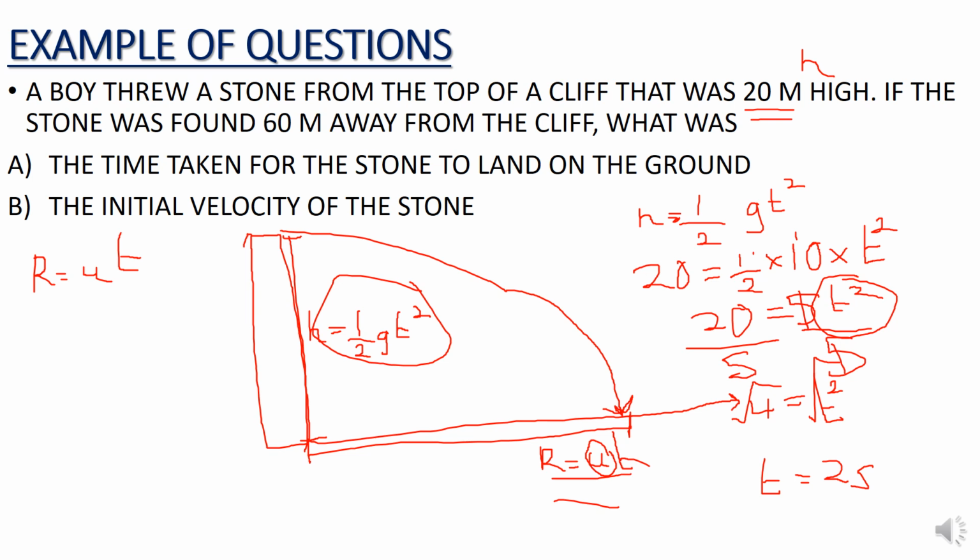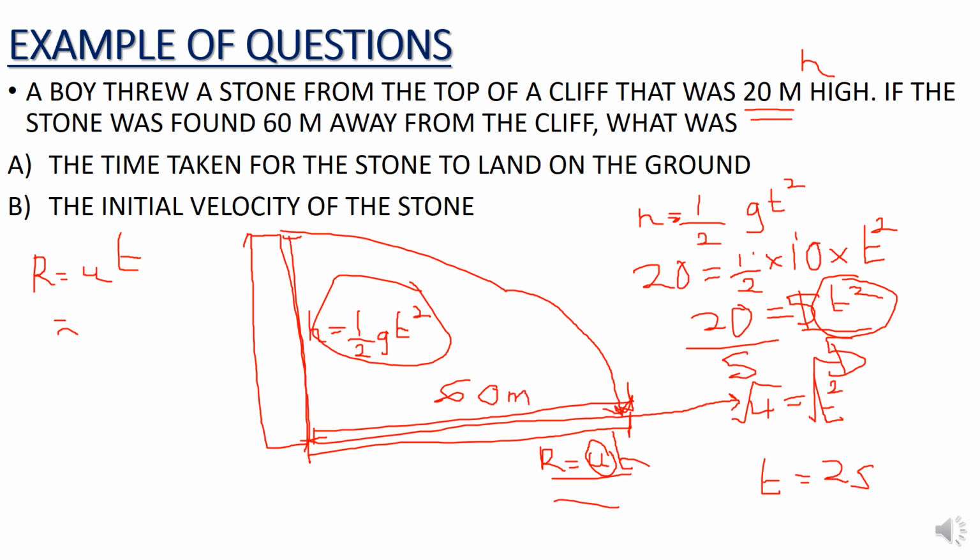We all know that velocity times time gives you distance. We don't have U, but we have R, because we are told that the stone was found 60 meters away from the cliff.